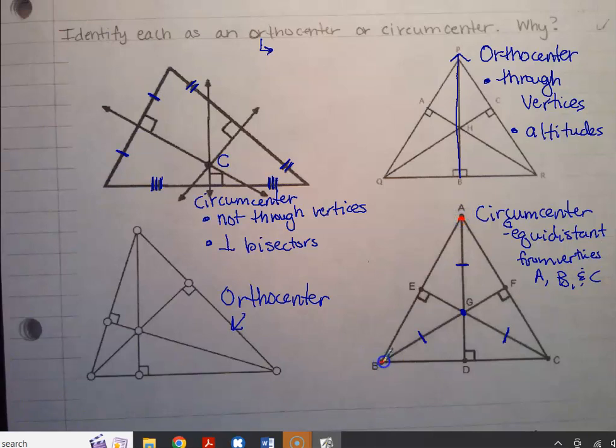Each of those is perpendicular and goes through the vertices. So it's also an orthocenter.